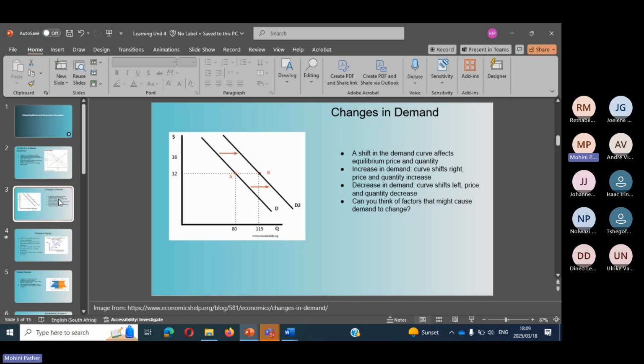So, for example, if your income increases, you in your country. Okay, so for example, in China has had, let's not even go so far, Rwanda has had a monumental economic growth pattern or upswing for the last few years. So this is what they would see in their demand curves.